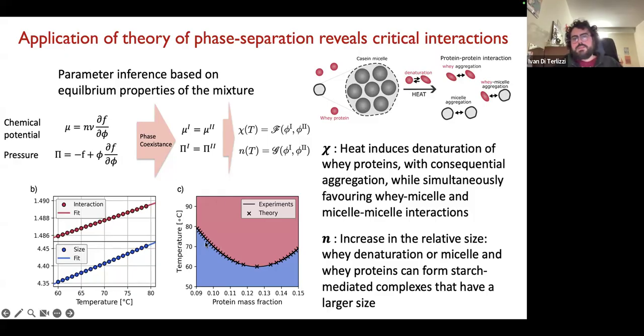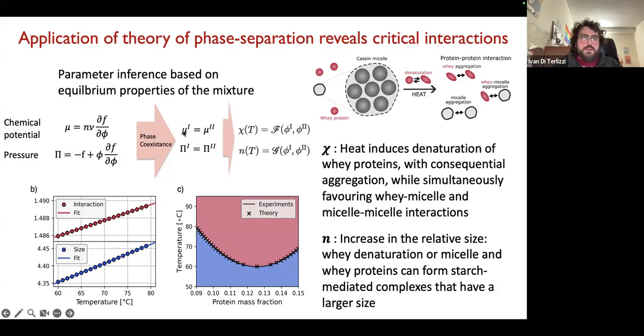Here it's a little bit easier, you have a line. On the line, you have the coexistence of phases, and the coexistence of phases is characterized by the same osmotic pressure and the same chemical potential of the two phases. So phase 1 and phase 2.